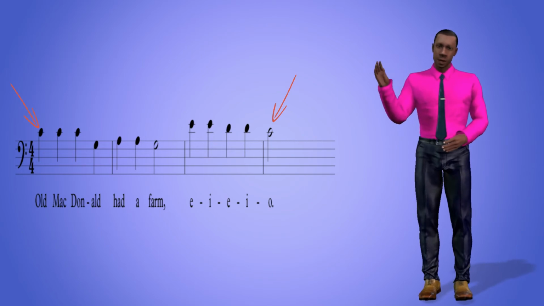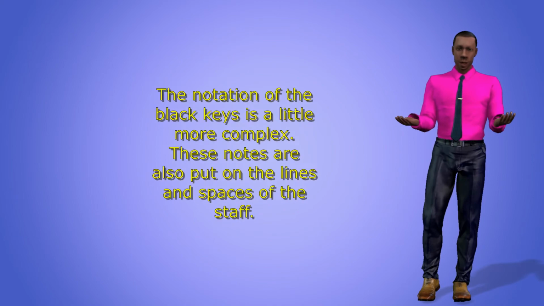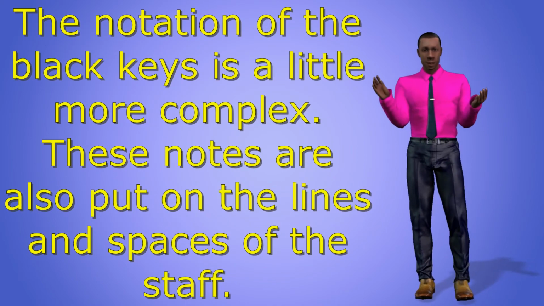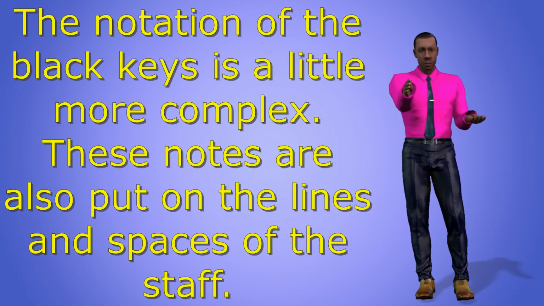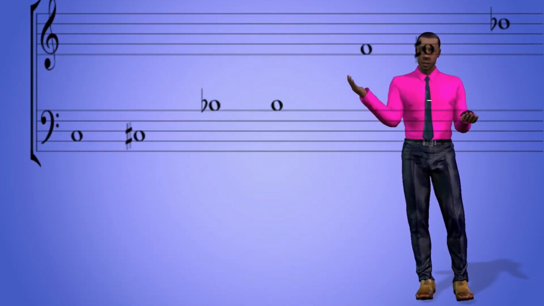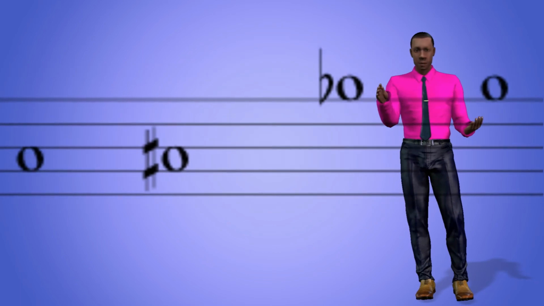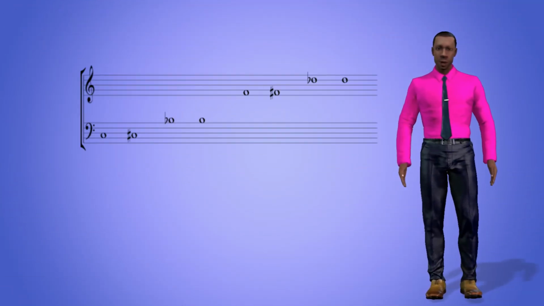So far, we have been dealing only with the white keys on the piano keyboard. The notation of the black keys is a little more complex. These notes are also put on the lines and spaces of the staff, but they are either preceded by a sharp sign or a flat sign to indicate that they are different from the white notes at the same place on the staff.